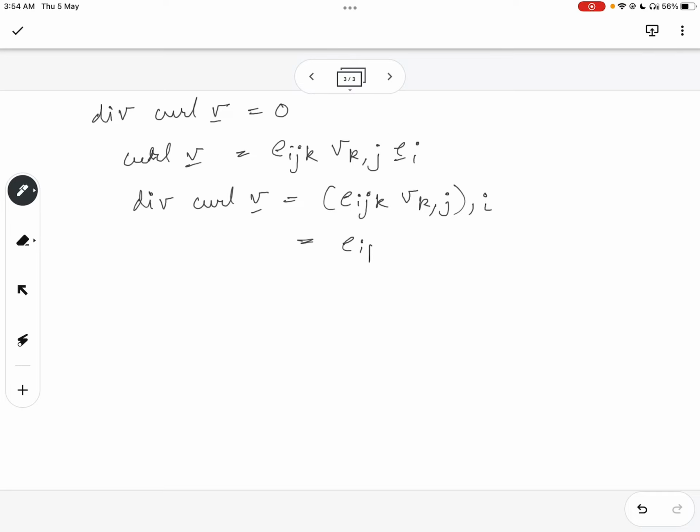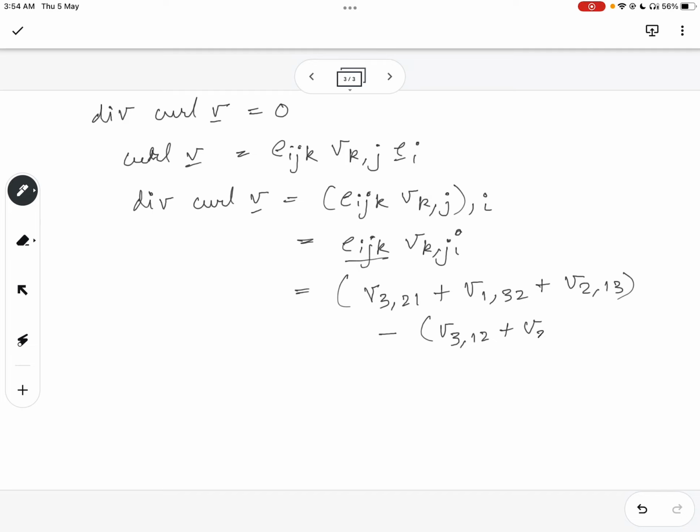This is nothing but eijk vk comma ji. So using the permutation symbol, this can be written as v3 comma 21 plus v1 comma 32 plus v2 comma 13 minus v3 comma 12 minus v2 comma 31 minus v1 comma 23.